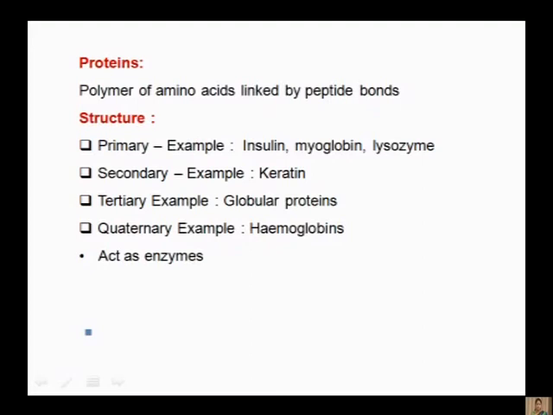Next come proteins. Proteins are polymers of amino acids which are linked by peptide bonds. The structure of proteins can be classified into primary, secondary, tertiary or quaternary. The primary structure indicates the linear arrangement of amino acids, and examples are insulin, myoglobin and lysozyme.